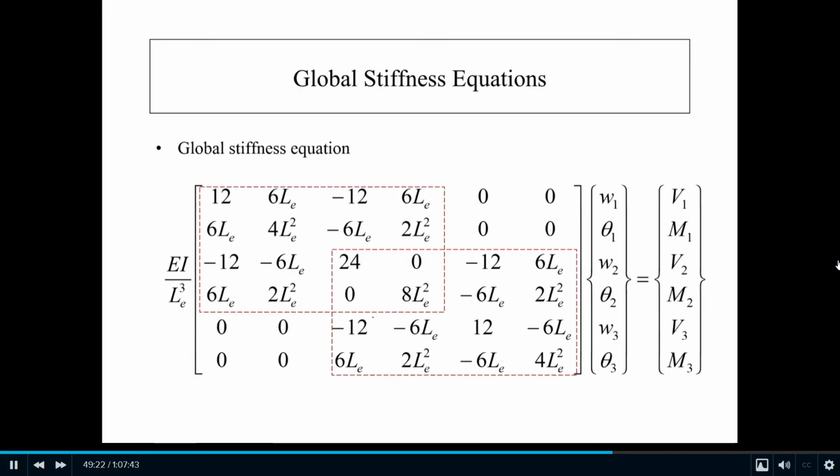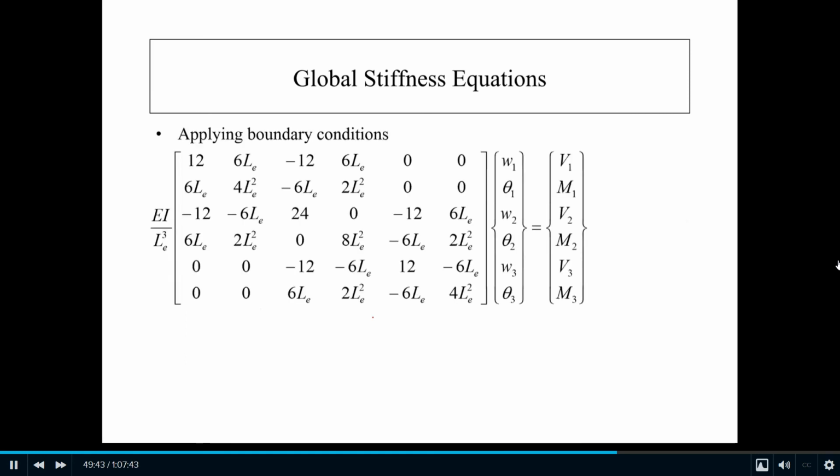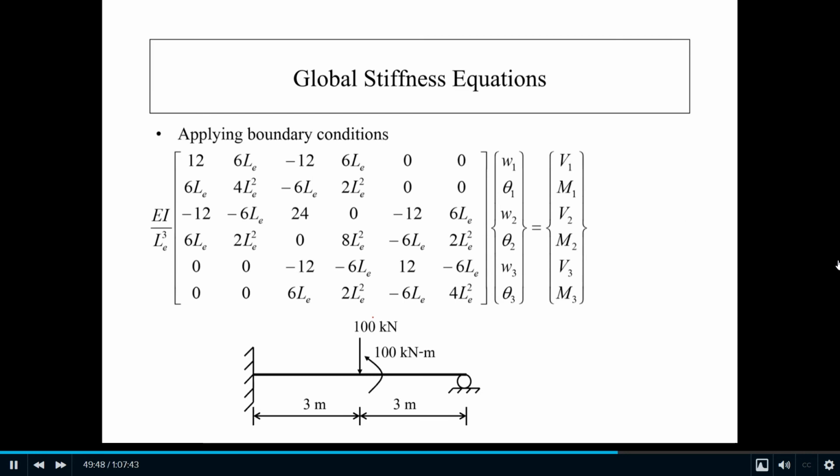Now you apply assembly, I would say you assemble the element equation for each element. You have this global equation. Okay, and then you apply boundary conditions. So from this problem here, deflection and rotation or slope are 0.